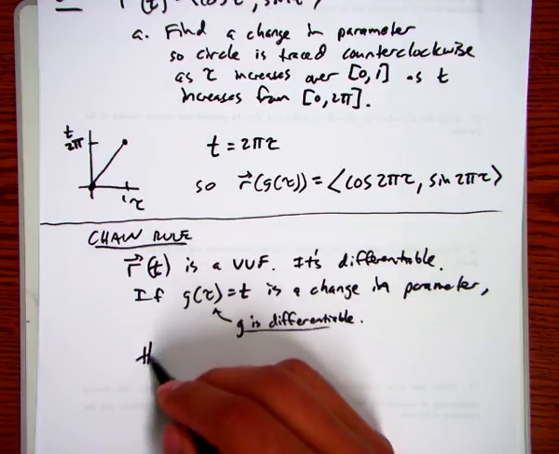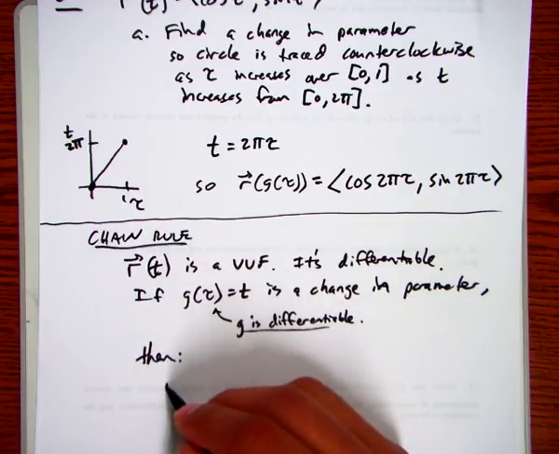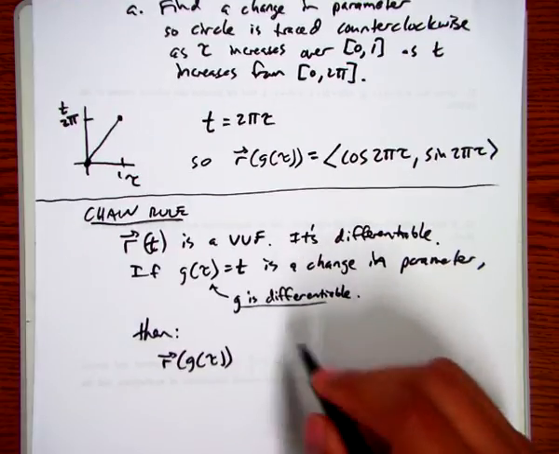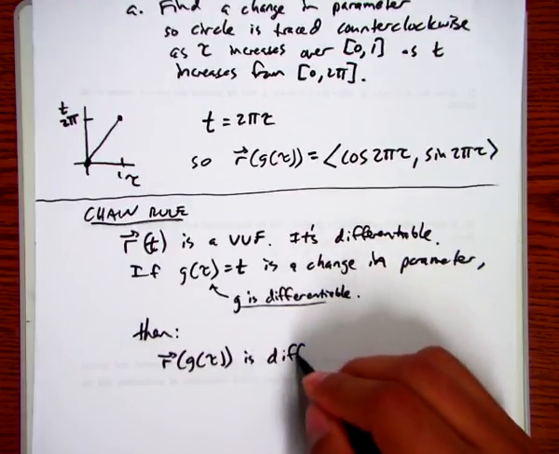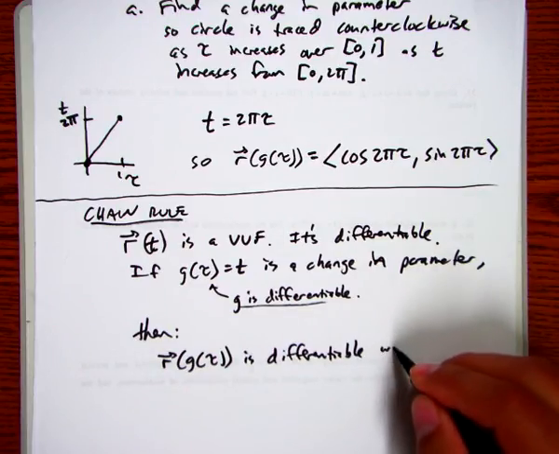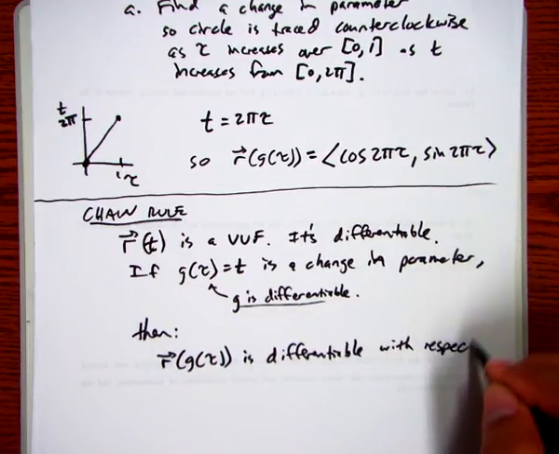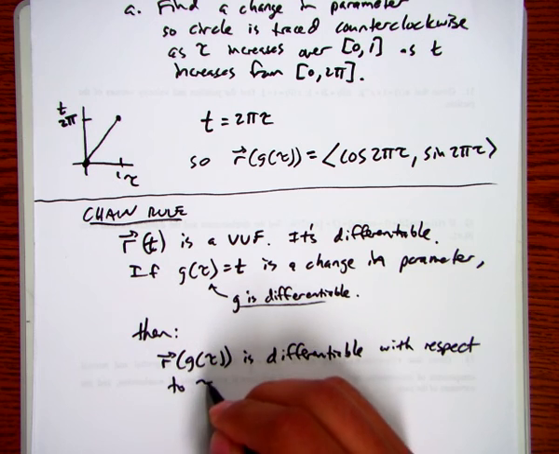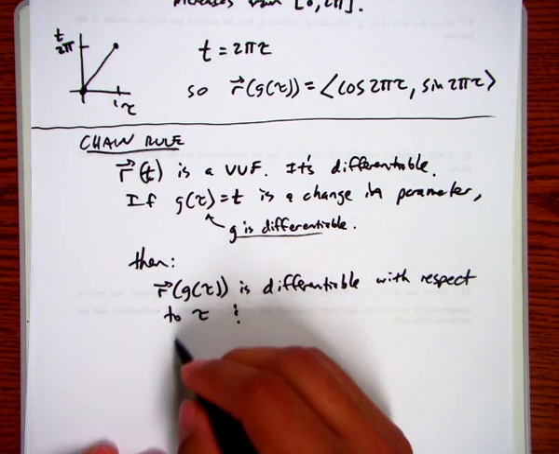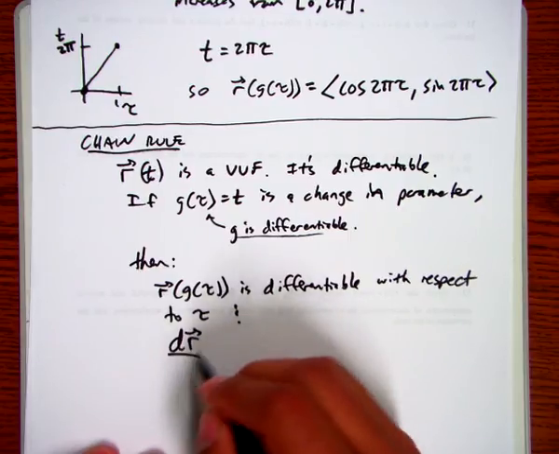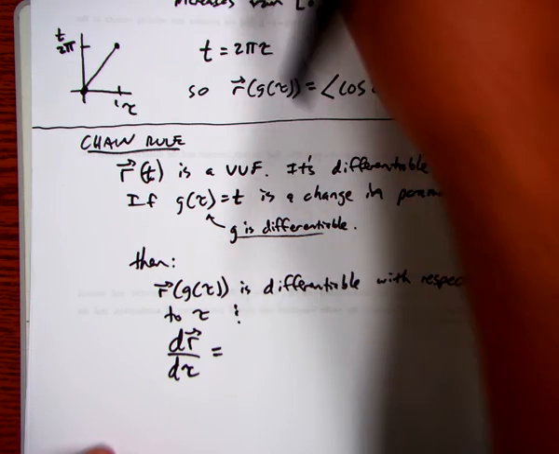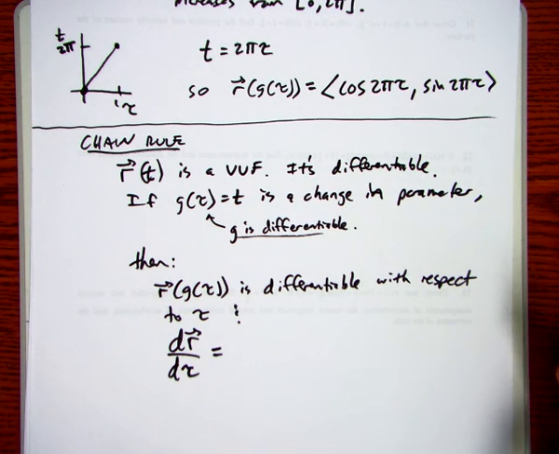Then r of g of tau is also differentiable with respect to its new variable, which is tau. And if we had to find dr d tau, we have a couple of options.